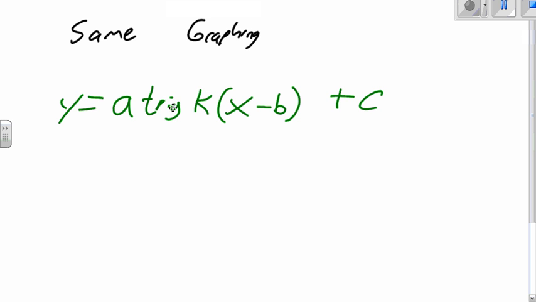If it's sine, cosine, tangent, cotangent, cosecant, or secant, the a changes the amplitude. It's a vertical stretch. The k always affects the period.